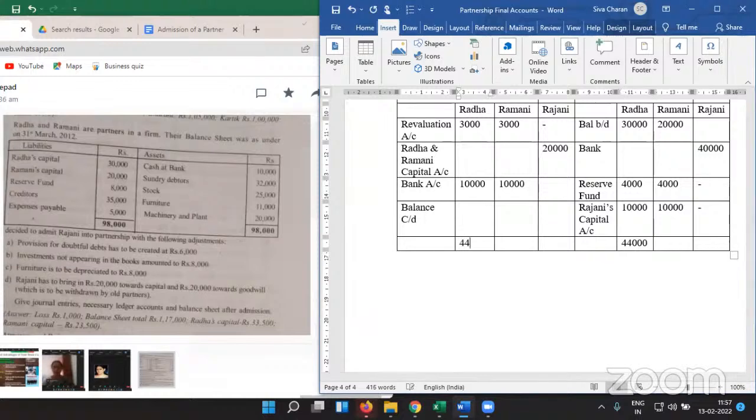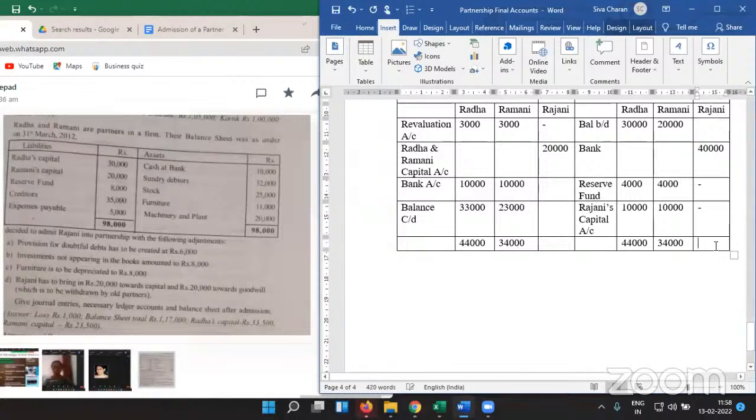Debit total is 13,000. So 44,000 minus 13,000 is how much? 33,000, right? Now Ramani's capital 20 plus 10 plus 4, 34,000. Ramani's debit total is 13,000. That means Ramani's balance carried down is 23,000.